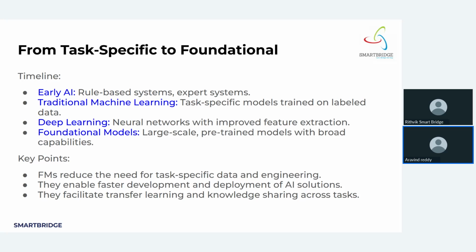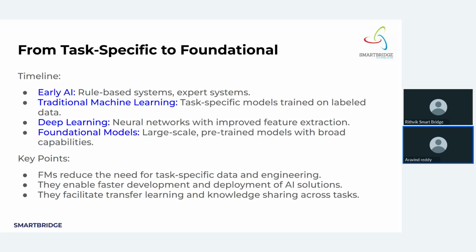When deep learning came into the picture, it started using neural networks with improved feature extraction. Compared to general machine learning, deep learning helps solve more complex problems. That is the special thing about deep learning. Finally, foundation models came into the picture.